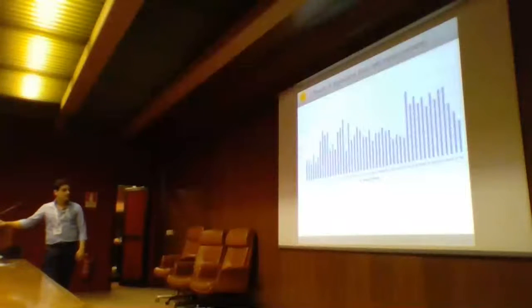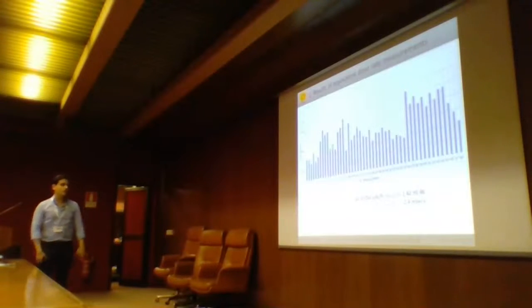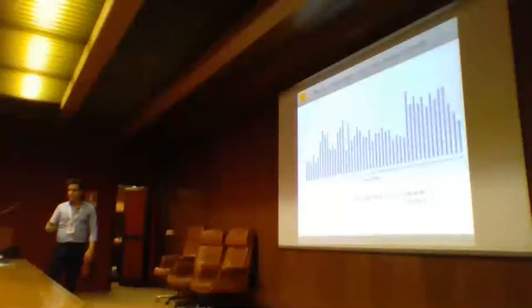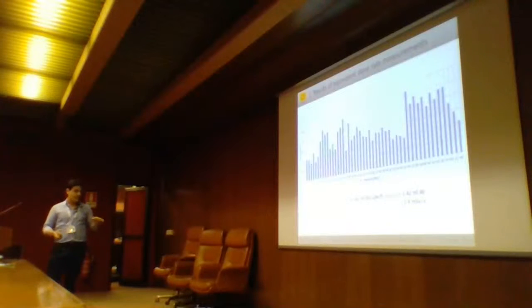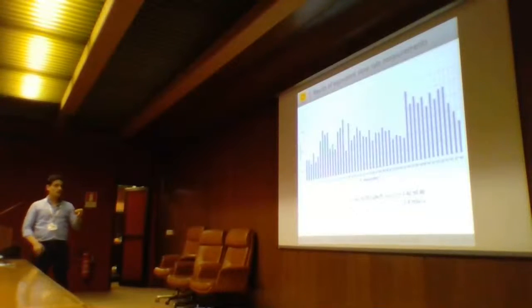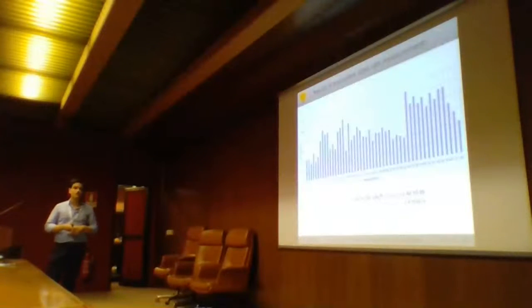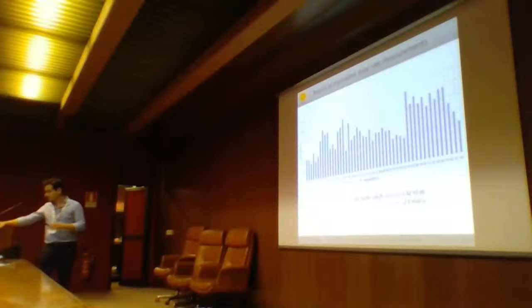We have a mean equivalent dose rate of 0.162 with a standard deviation of 0.072 microsievert per hour, which corresponds to 1.42 millisievert per year, lower than the worldwide average population limit of 2.4 millisievert per year. This limit was established by the United Nations Scientific Committee on the Effects of Atomic Radiation in 2000.